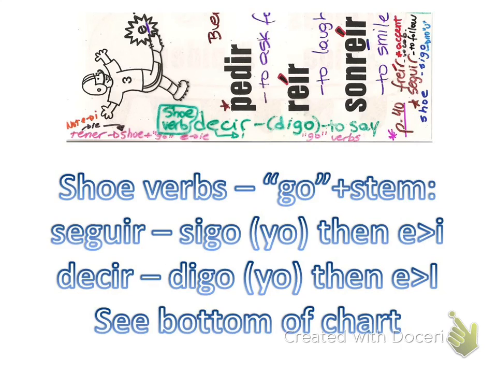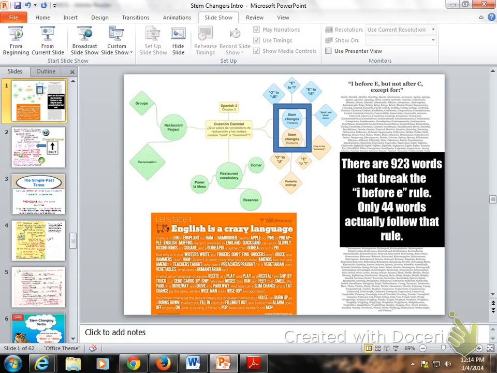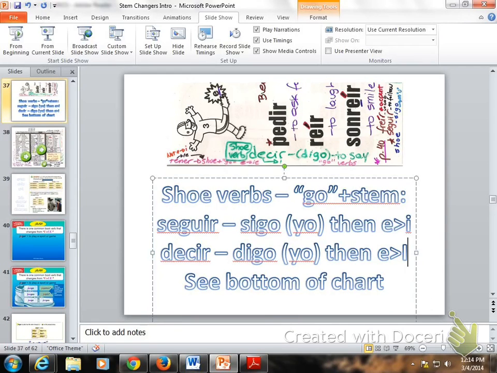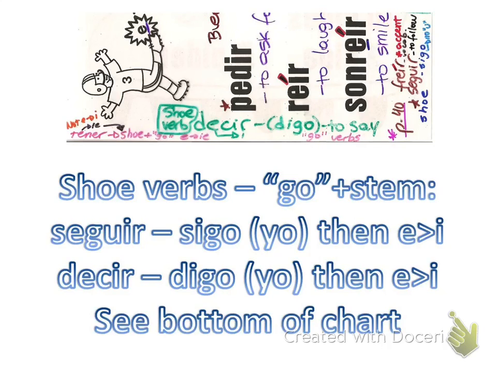So you'll have to change the yo form of the verb to an I as well, and remember that they're also go changes. So something irregular about the yo form of the verbs is why I call it a shoe verb, so that you remember that the stem then changes in the shoe, but then the yo form, there's extra something to remember.